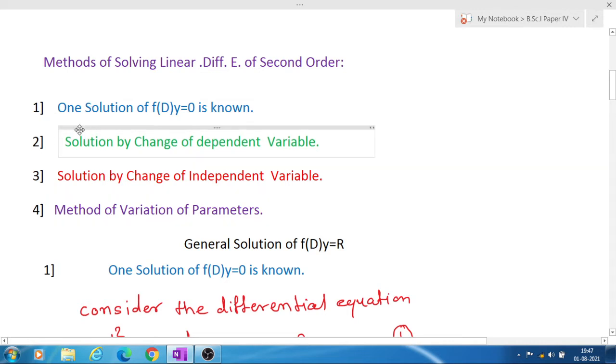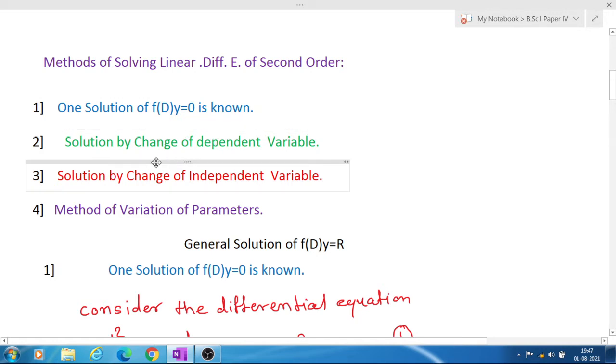First method is when one solution of f(D)y is equal to 0 is known. That means in the given equation, when there is 0 on the right hand side, then that equation we call it as complementary function. Solution of this equation is the complementary function. So if we know the solution of f(D)y is equal to 0, then we can solve the equation.